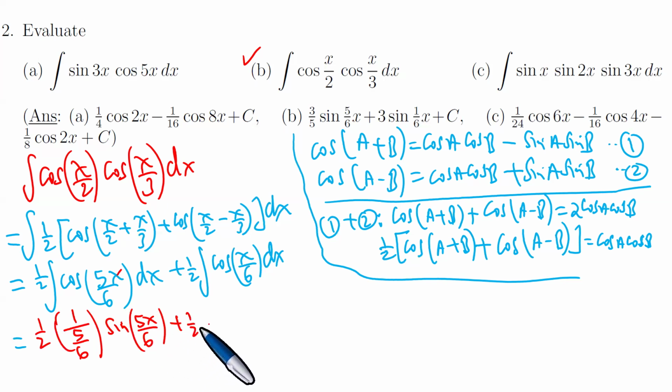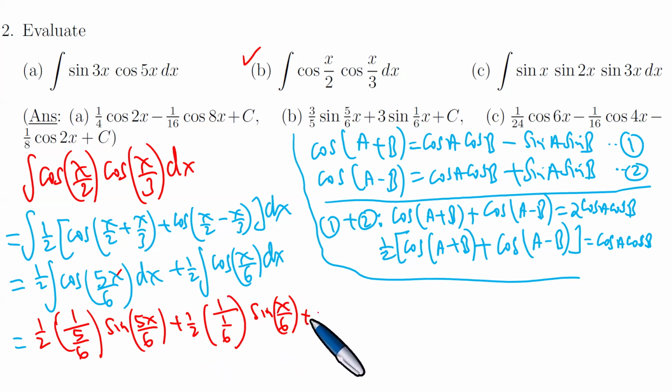And then you have 1/2 like this, 1 over 1 over 6, and then you write the sine of x over 6 plus c. If you invert this one, it becomes 6 over 5. 6 divided by 2 is 3 over 5, the sine of this.